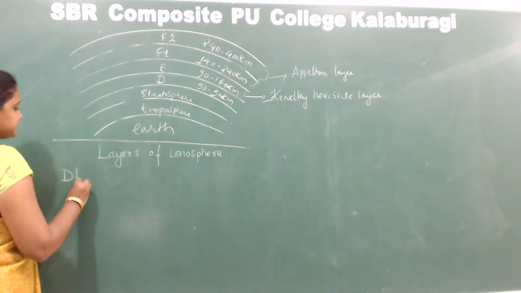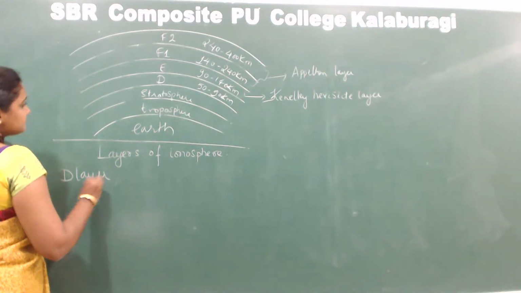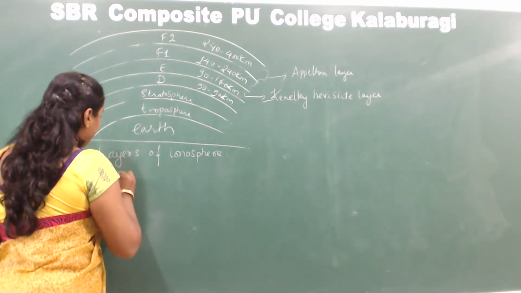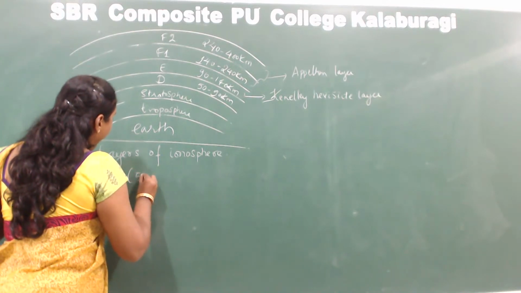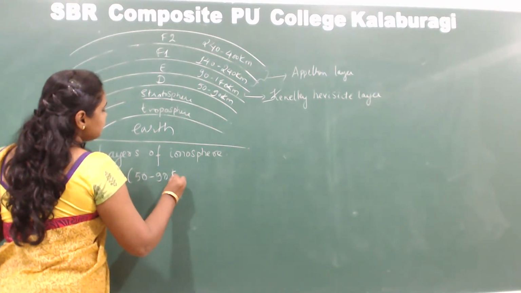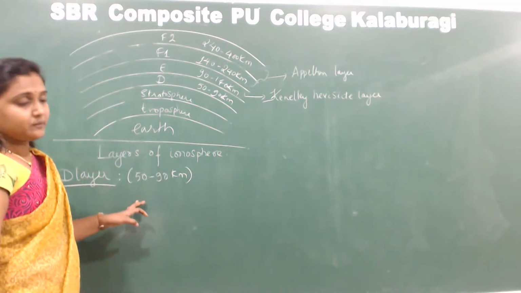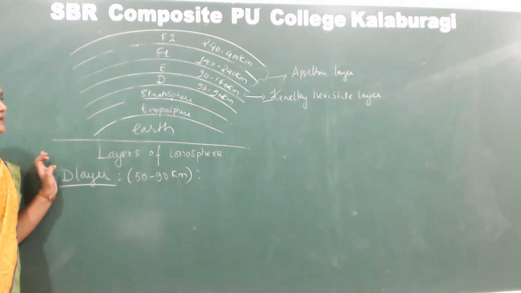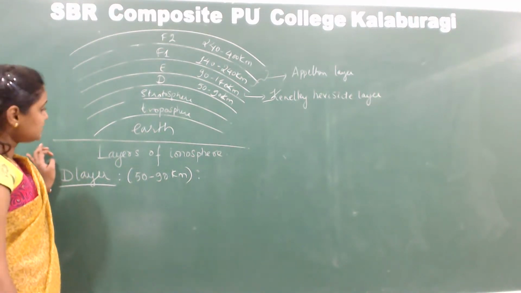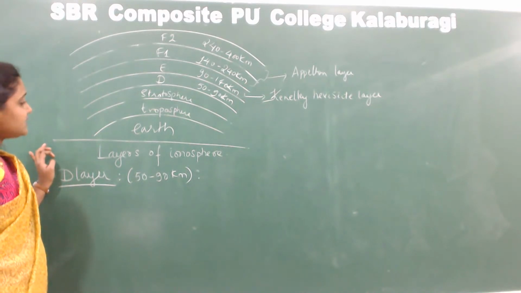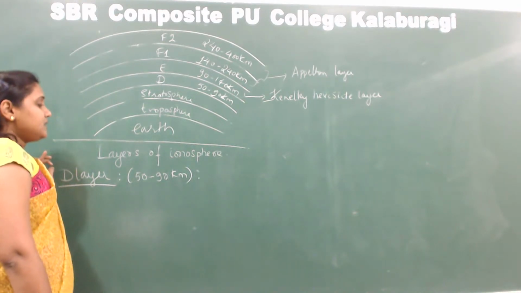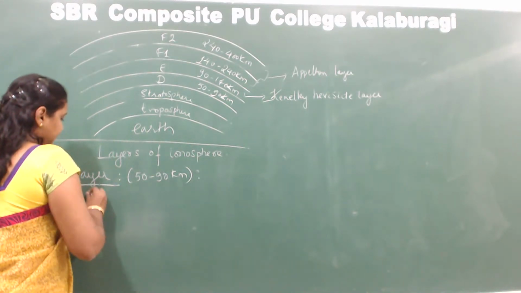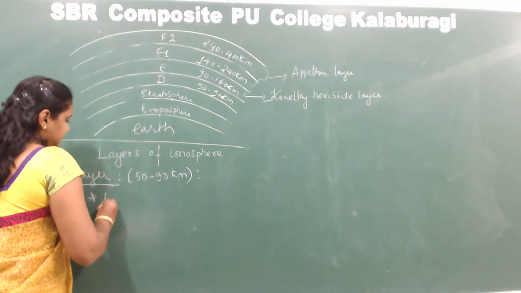The D layer is spread between 50 to 90 kilometers, and it contributes in the ionospheric wave propagation, otherwise the skywave propagation, during daytime.